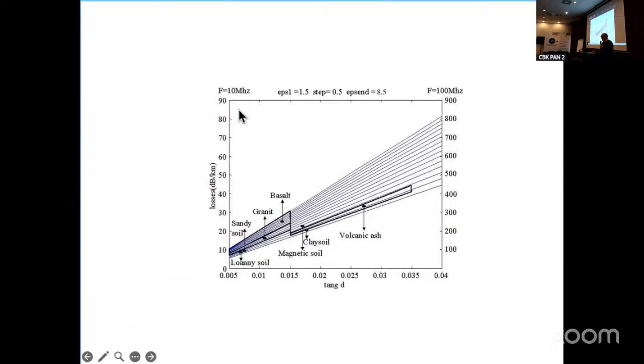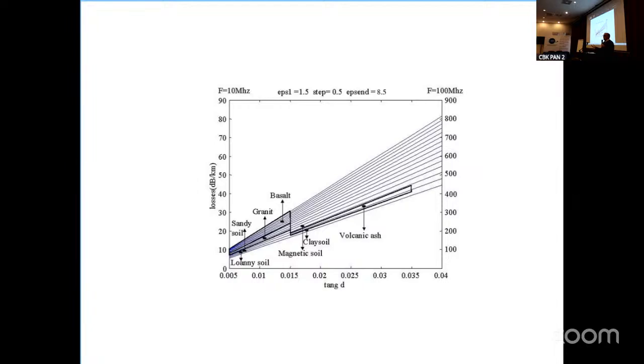Here, to show you the numbers, the loss in dB per kilometer for a radar at a frequency of 10 megahertz, and here is 100 megahertz. And you see different types of soil. For sand soil, the losses are 10 dB per kilometer. 10 dB is nothing.